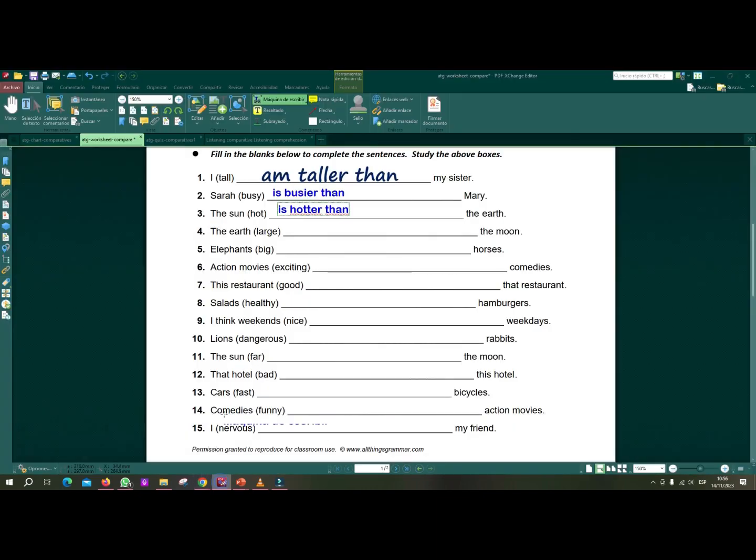So first, let's check the answers. What do you think about the number 4, Miss Anna? The earth, right? Large, the moon. Which could be the correct one? Miss Anna or Carolina? Which would be the answer?